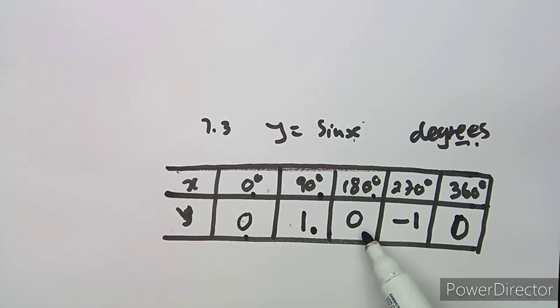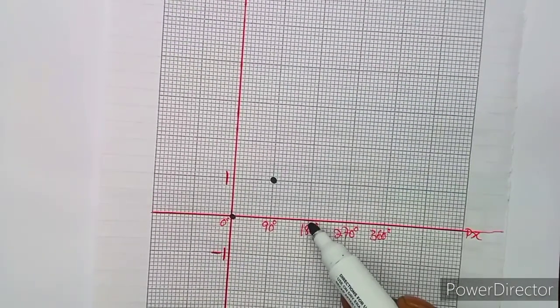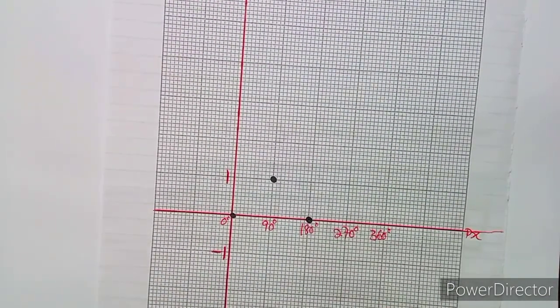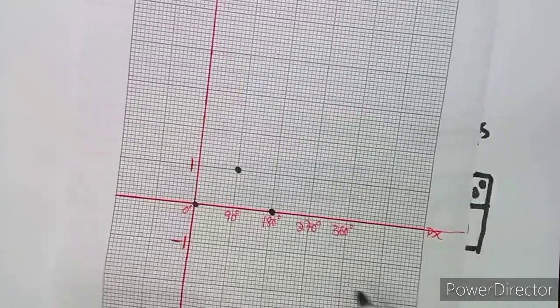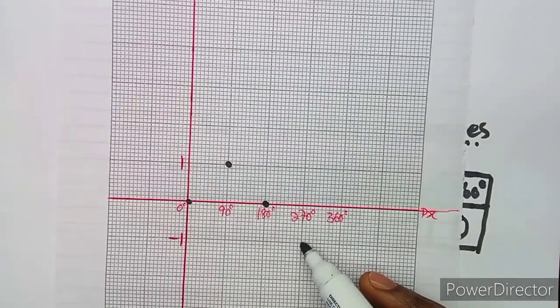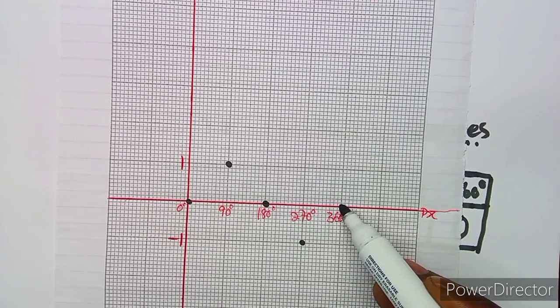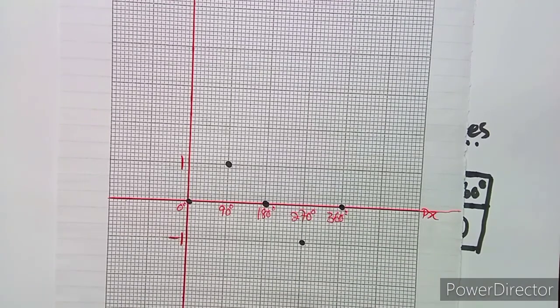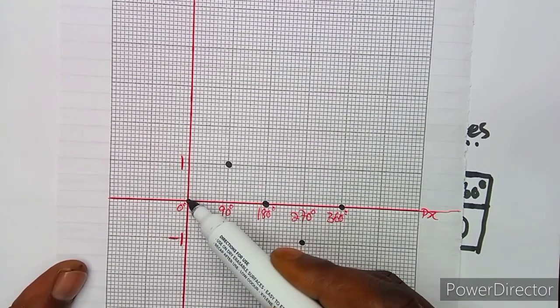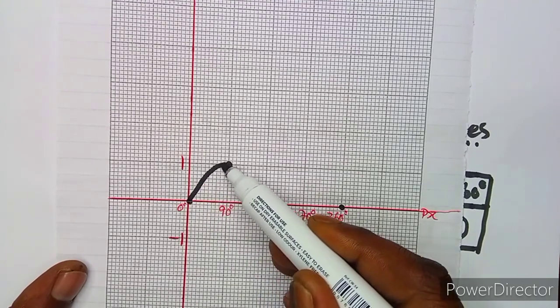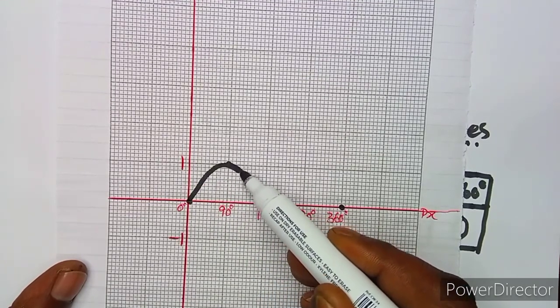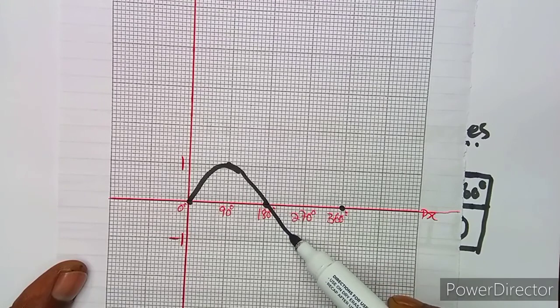Then 180 degrees versus 0, which is here, then 270 and minus 1, and 360 and 0, like that. So that's what you just need, guys. You mark these points, then you join those points properly.